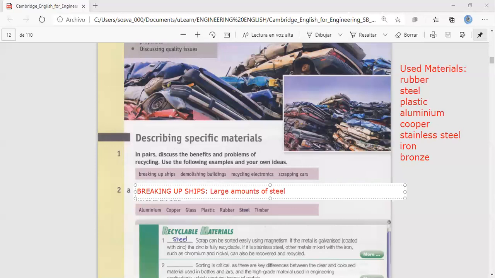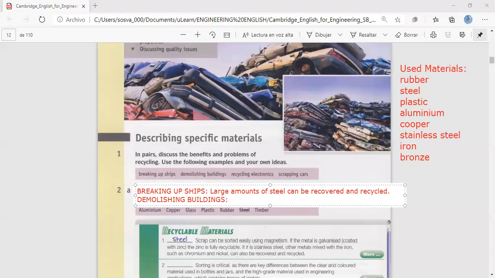So if we break them up, then we can get recycled steel that can be recovered and recycled into other devices or items. The only problem is that the main pollutants are the fuel oil from the tanks. The oil from the tanks of these big ships is one of the problems they need to deal with.